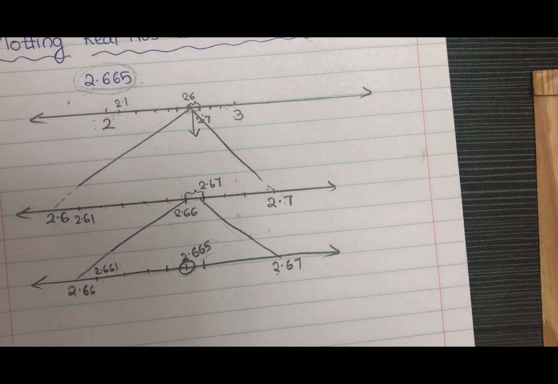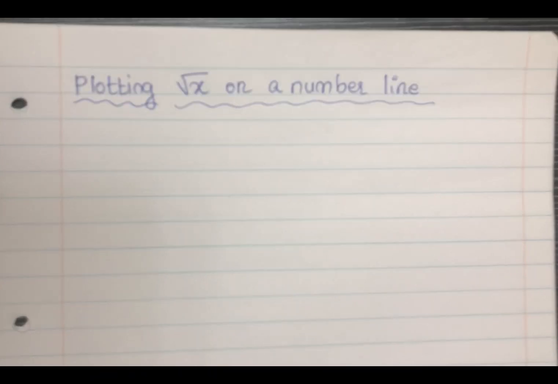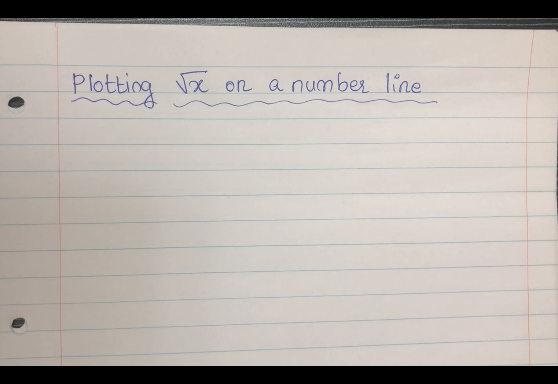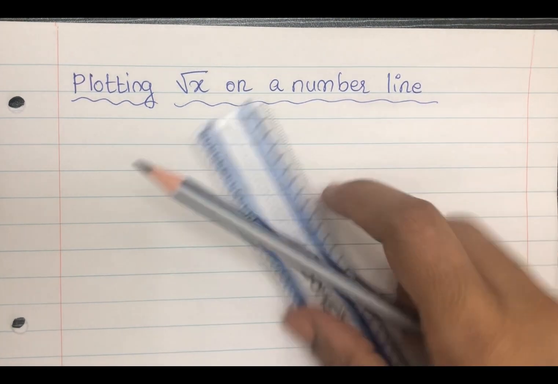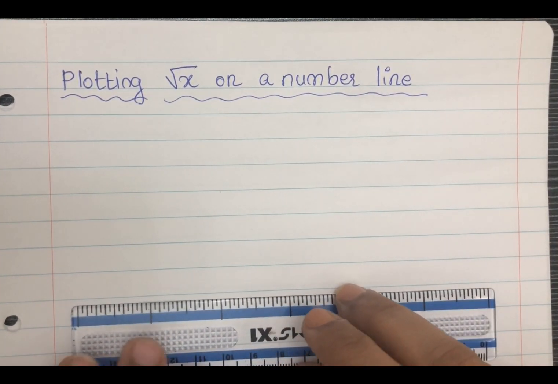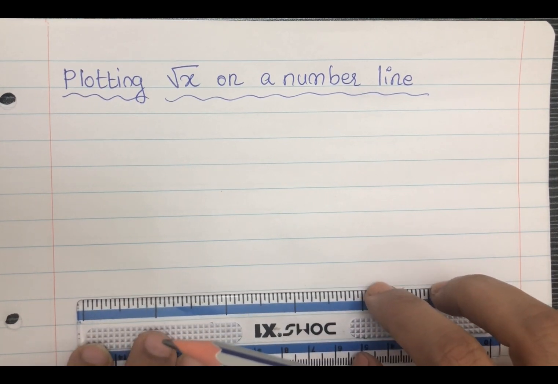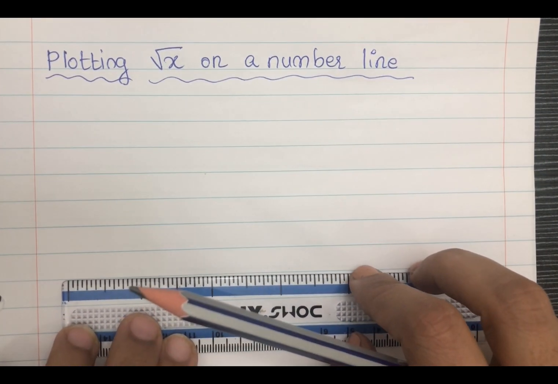Clear? Okay. Now we'll learn how to plot root x for any positive real number x on a number line. For this, first we will draw AB equal to x. Take any length x.